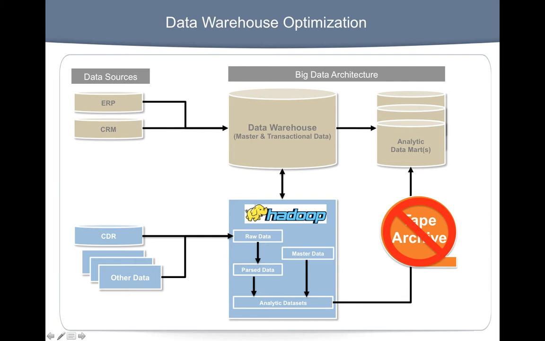Now, if we revisit the first part, we explained how Hadoop sits nicely around and alongside the data warehouse, so we don't necessarily believe that you should look to replace the data warehouse with Hadoop.